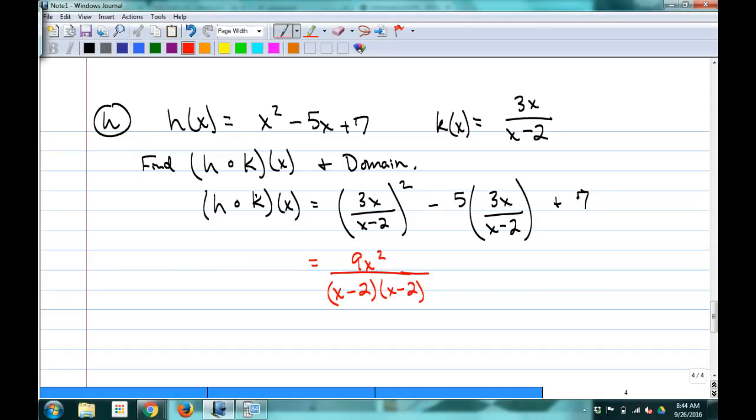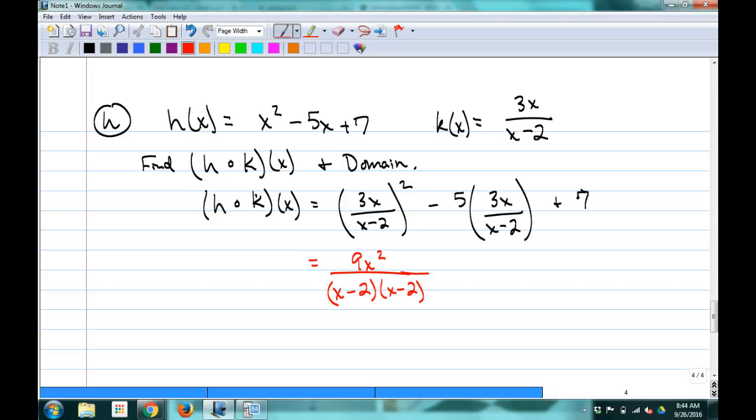Same thing as writing squared beside it. That's the same thing as if I multiplied it out and got a trinomial under there. I'm not doing that on purpose because I know what's coming next. Because I know if I'm going to write this as a composite function, I've got to simplify it, right? So factored form in the denominator is what you want.